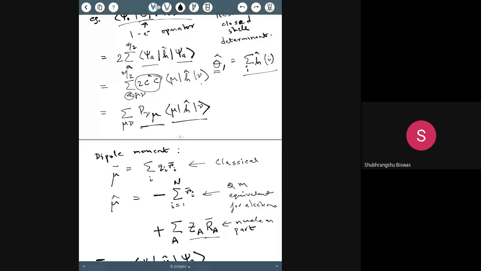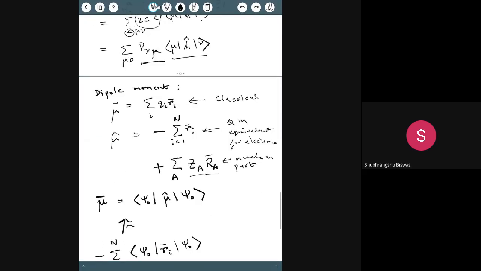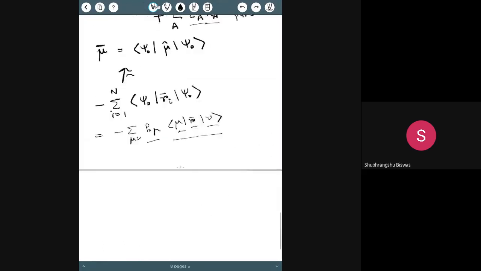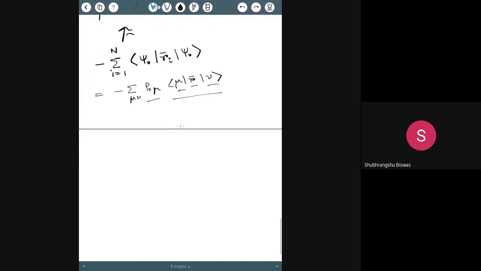For example, if you have, let's say, a CO molecule, you might wonder if it is C delta plus O delta minus or C delta minus O delta plus. So chemists want to know this. So then again, you have to have some theoretical quantities which will give you some numbers for these intuitive ideas. And one such thing is population analysis.